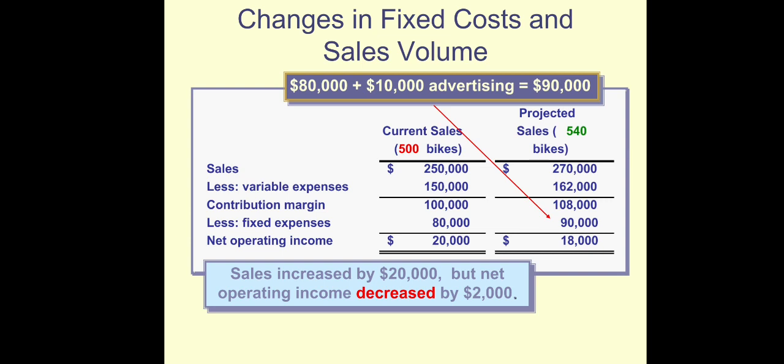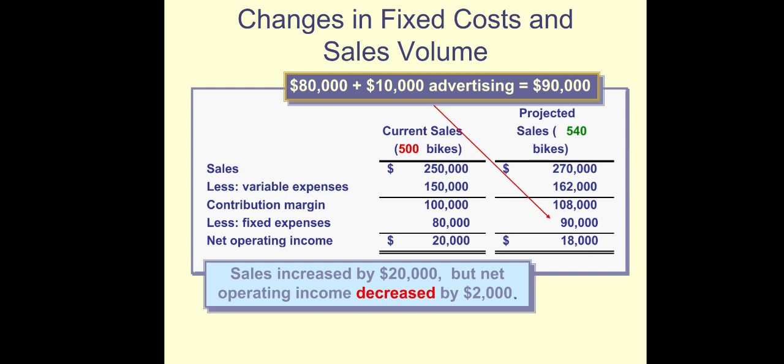And then the next item is the fixed expense. If the suggestion is accepted, the fixed expense will increase by $10,000 because the business has to pay advertising cost of $10,000 per month. So that's why you see in column number 2, the fixed expense is $80,000.